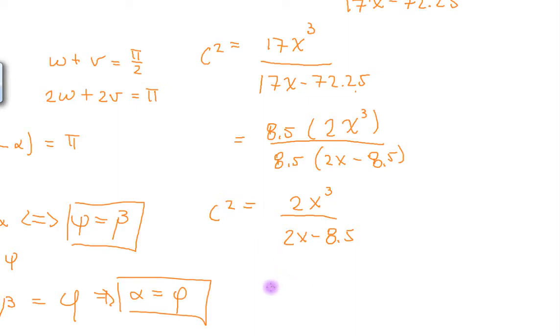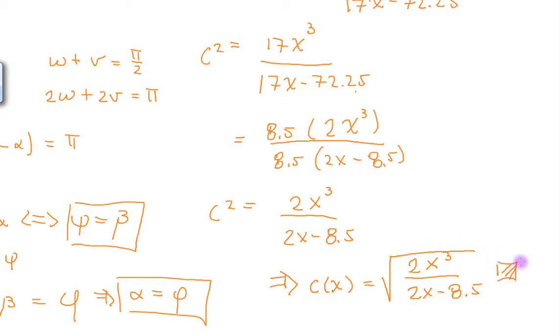But this is c squared. We want c only. So c of x is equal, again as in the previous videos, to the square root of 2x cubed divided by 2x minus 8.5. And this is our c, which we're going to optimize. If you want to keep learning about this exercise, go to my next video where I take the derivative and find the minimum. Thank you for watching.